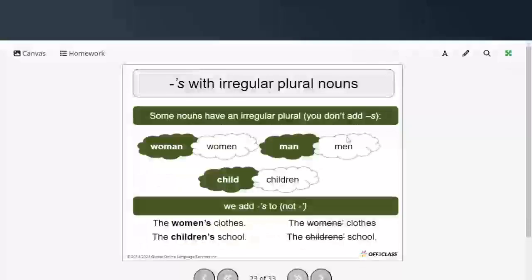You don't add the S. So woman, women, man, men, child, children. So we would add the apostrophe S, not the S apostrophe. So the women's clothes and the children's school.